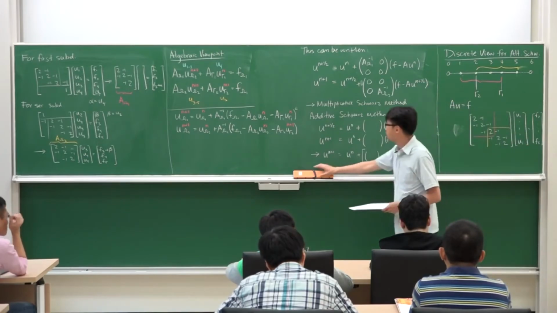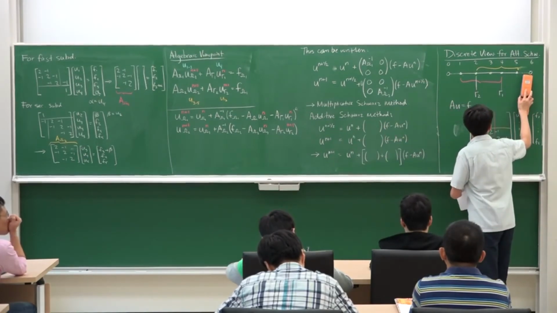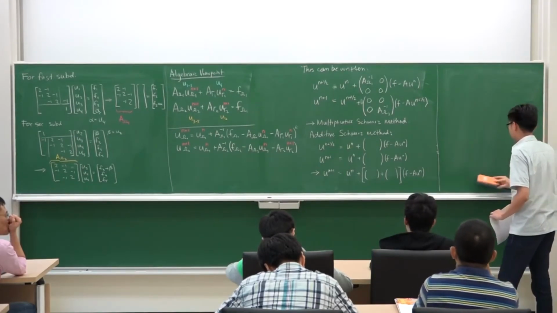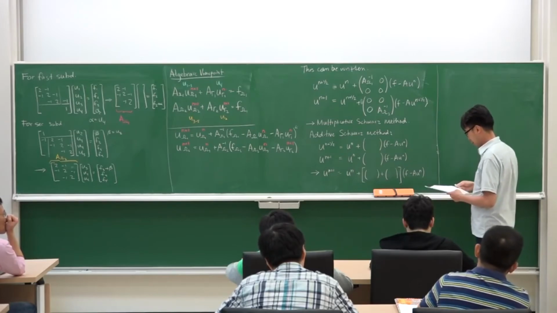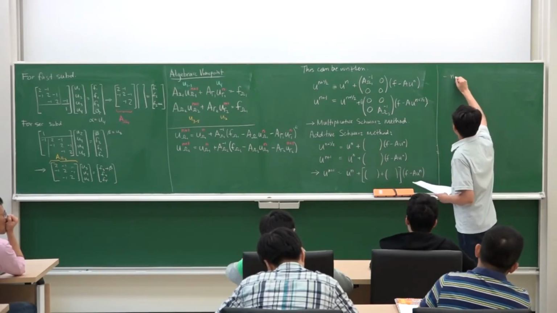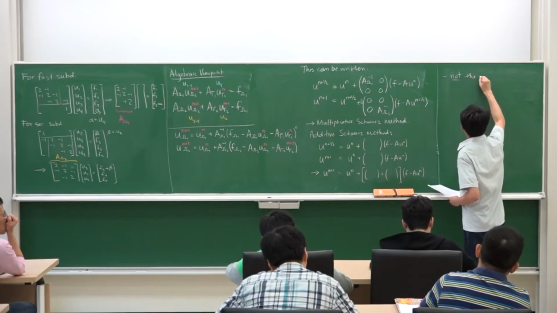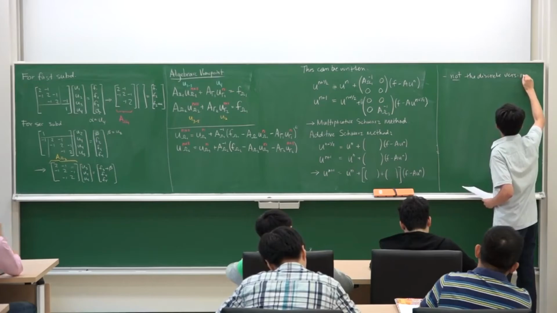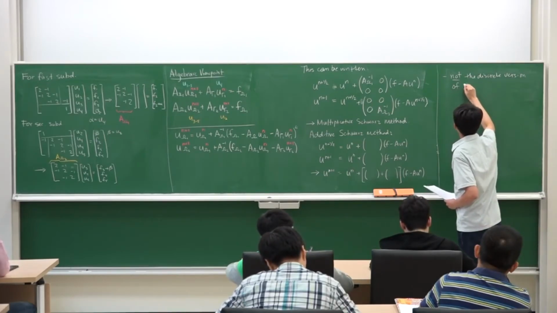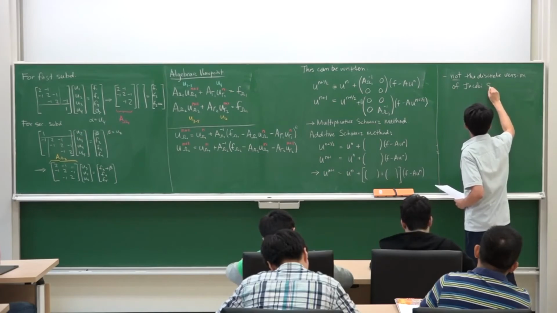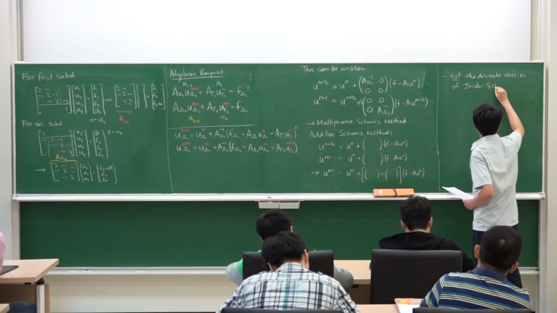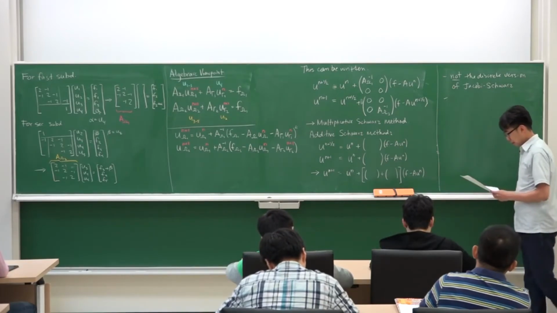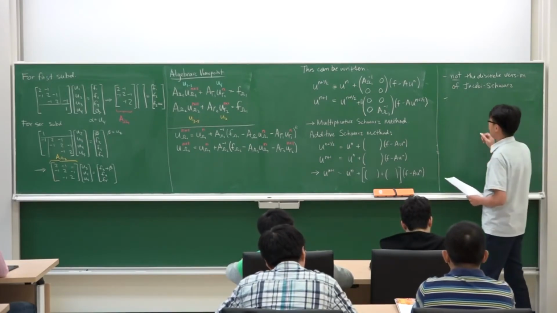So some important notes about additive Schwarz. Point 1, it is not the discrete version of Jacobi Schwarz. And point 2, it does not converge in general by itself.